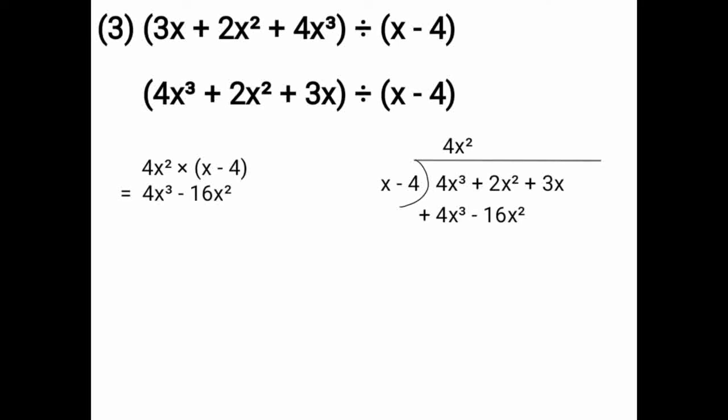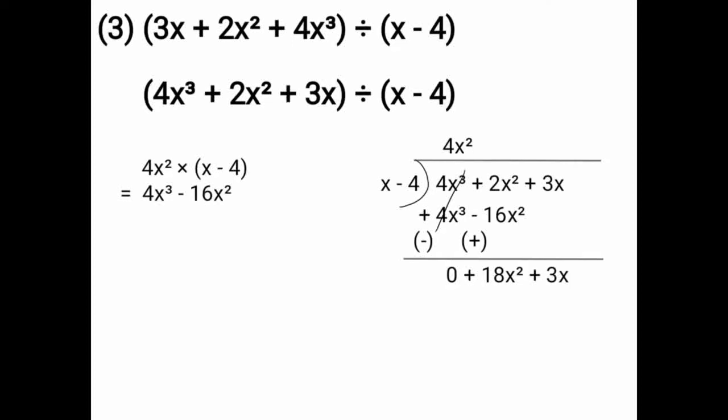Take the opposite sign now. Here minus is there, minus become plus. 4x cube minus 4x cube you have to cancel, because the answer is 0. Now you have to add 16x square plus 2x square. What will come? Plus 18x square, plus 3x, you have to bring it down.